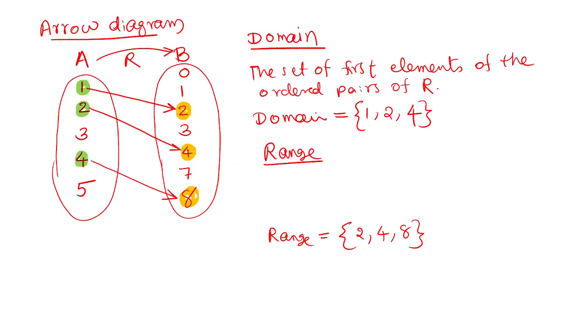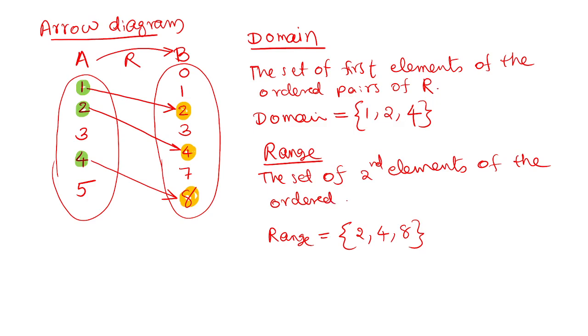So range is defined as the set of the second elements. Let me write the definition, otherwise you will forget it. The set of second elements of the ordered pairs of R. Is it okay? All of it clear?